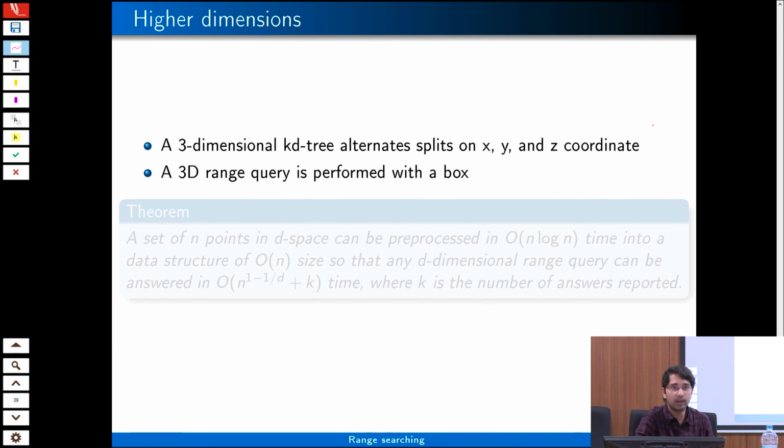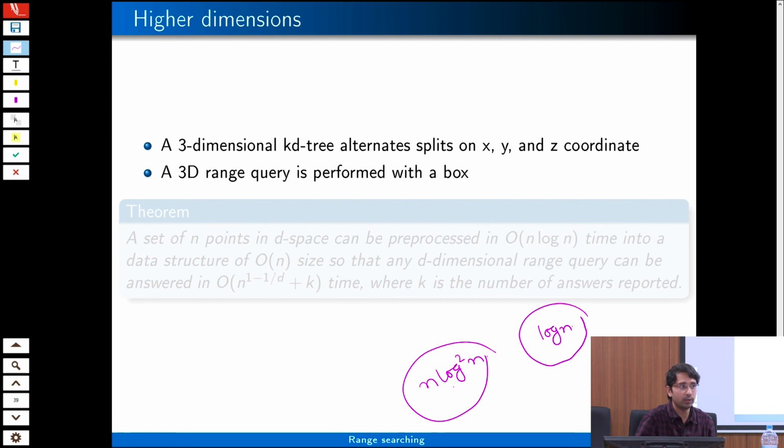But there are techniques in computational geometry by which you can do it in log n time, where the preprocessing time and storage is n log square n, but the query time becomes log n. I will not go into the details of that. I bugged you enough, so I will stop here.